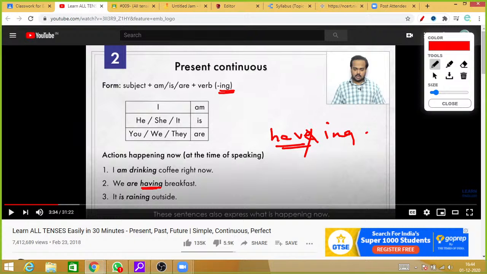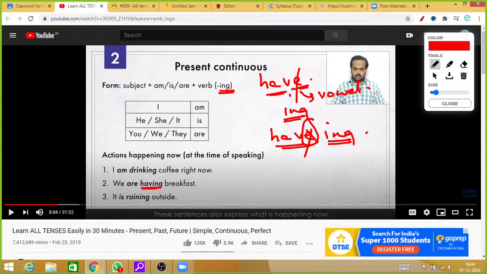E is dropped and ing is added, because normally I think the rule is that whenever a word ends with a vowel, you replace that vowel with ing. Having. Let's try again. Give me a word which ends with a vowel. A verb which ends with a vowel.